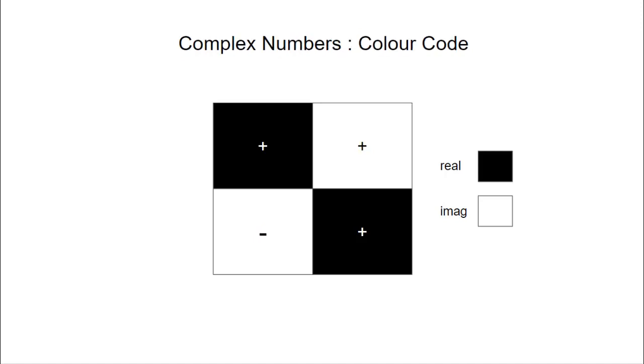And it is also a transpose. So in a transpose, what you do is you take the row and you make it the column. So you take the row that used to be plus plus, and you make it the column.